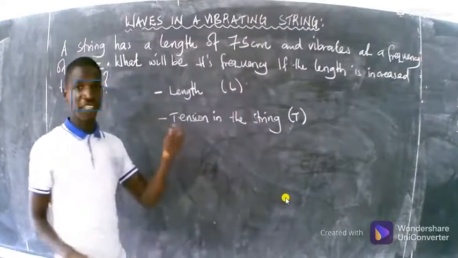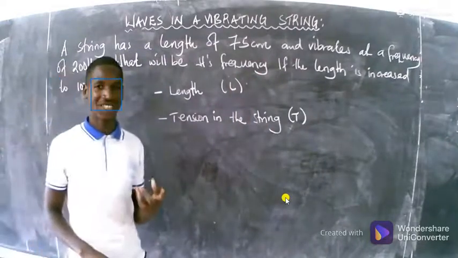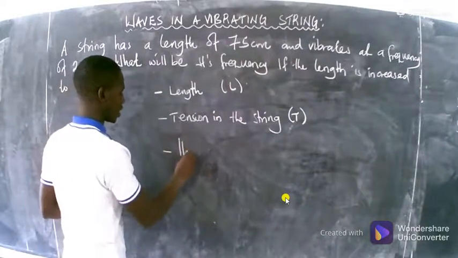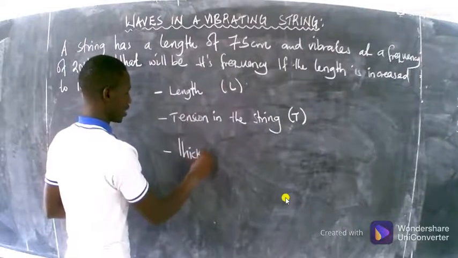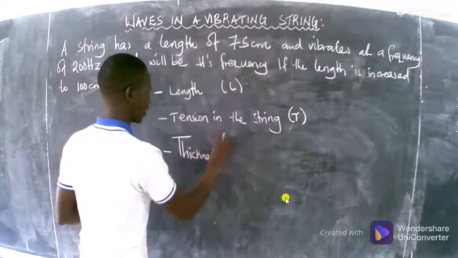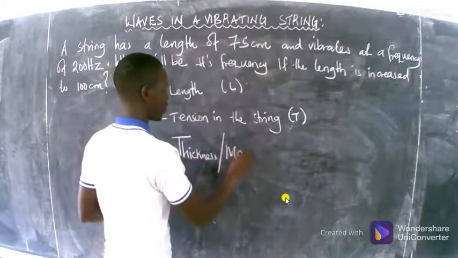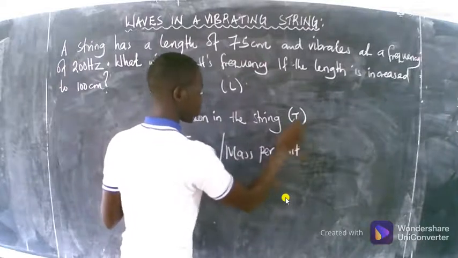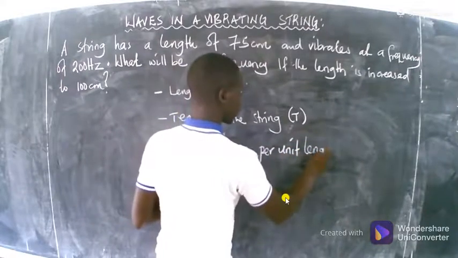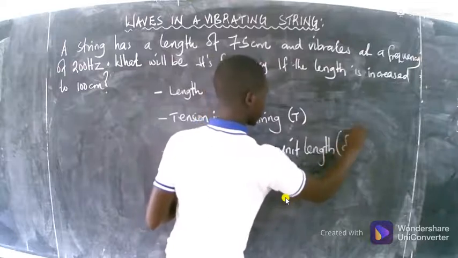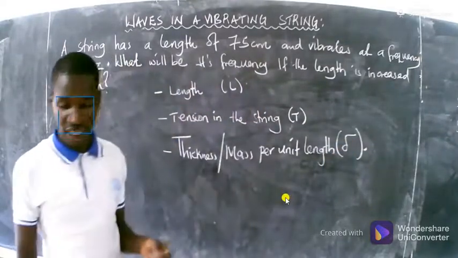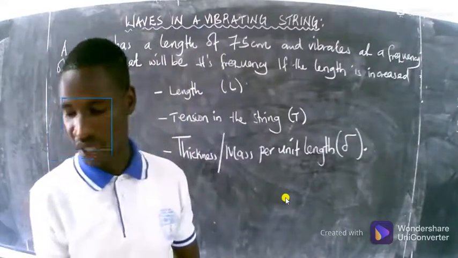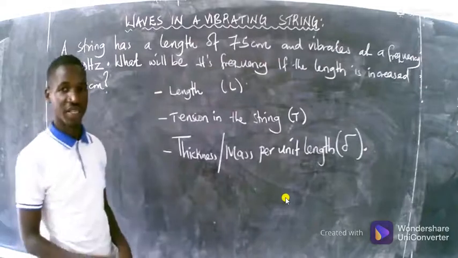Then the next one is the thickness, or sometimes this can be called mass per unit length.